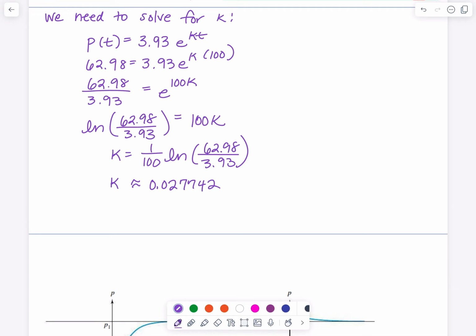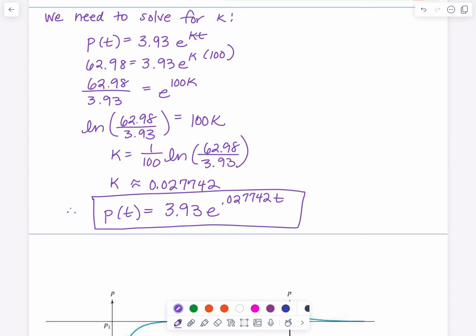Therefore, P of t is equal to 3.93 e to the 0.027742t, and there is the population at any time t.